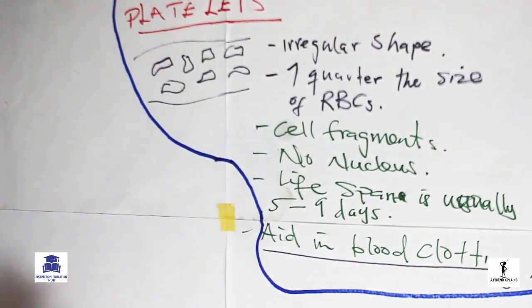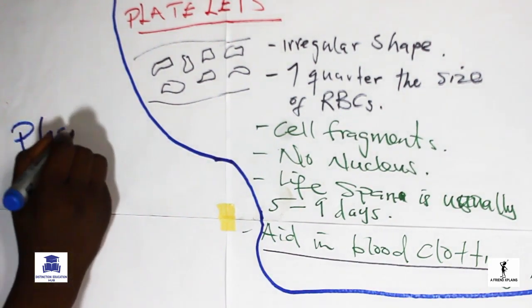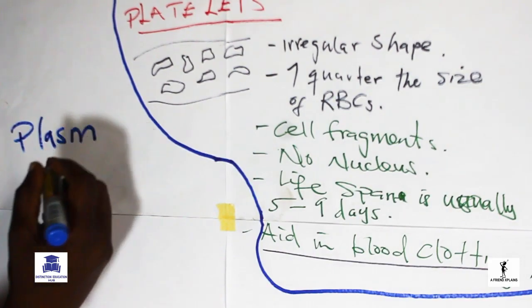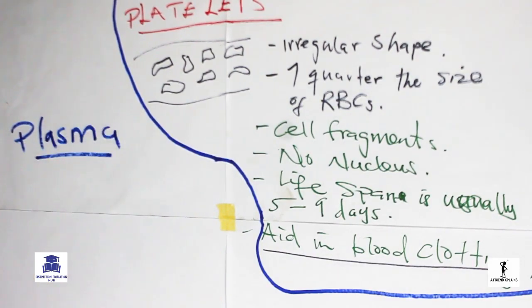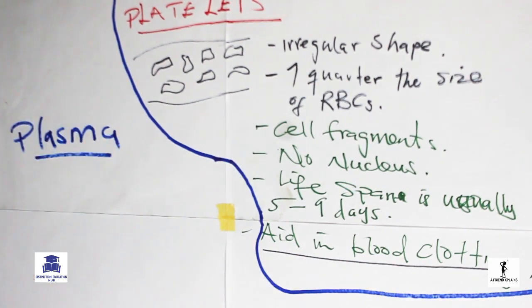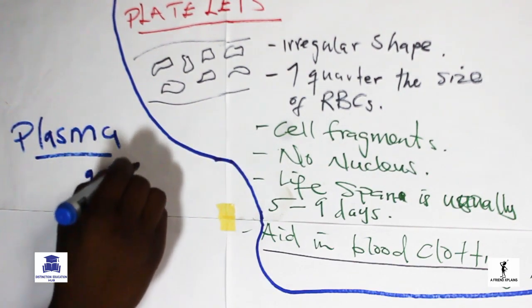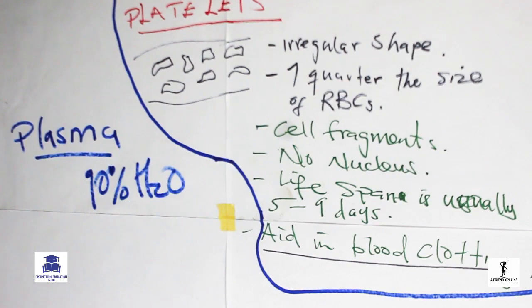Now, the last component that makes up the composition of blood is blood plasma. Basically, this is just a liquid, a yellowish liquid, and it is made up of 90% water.